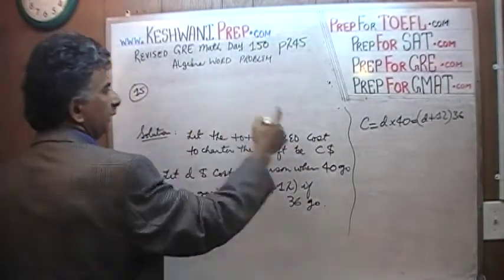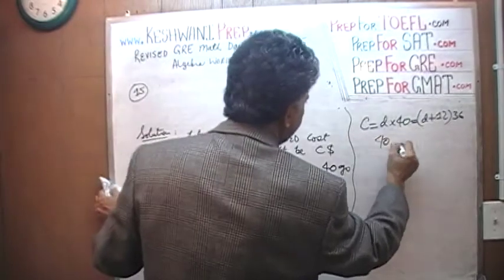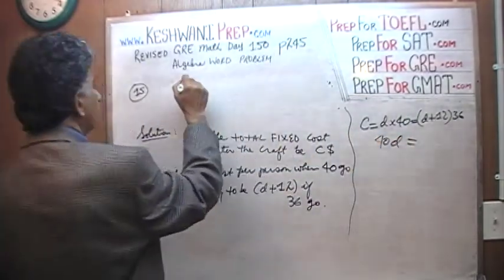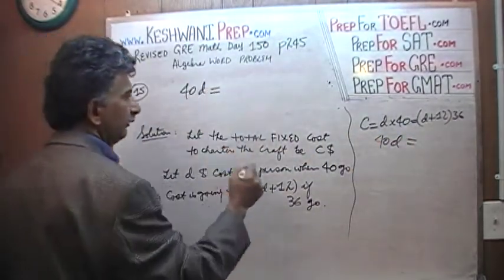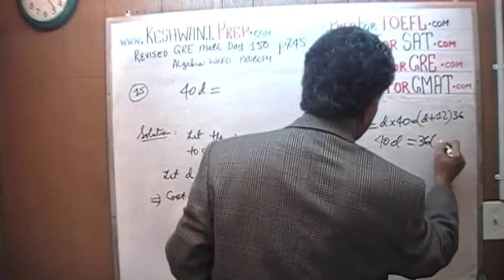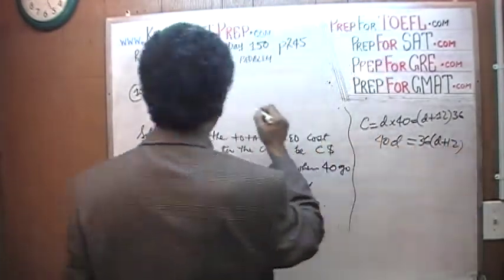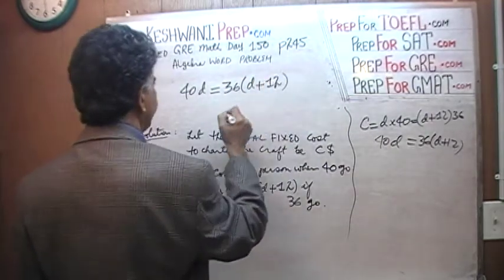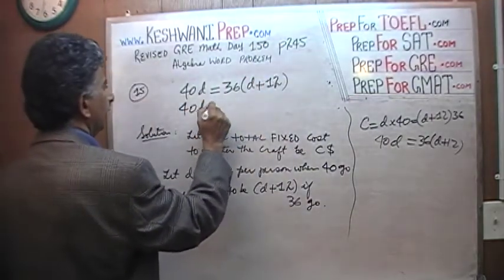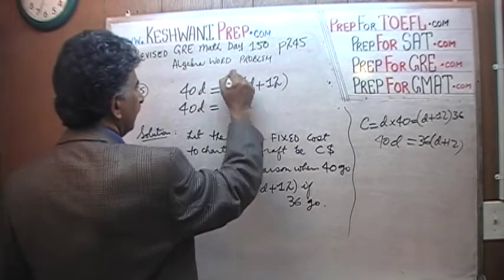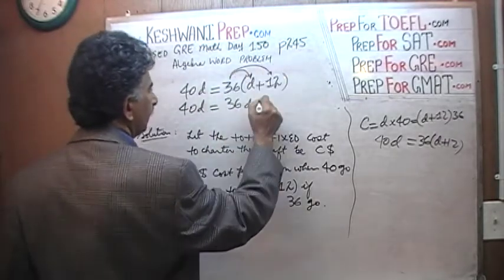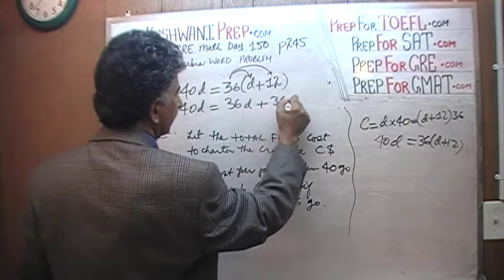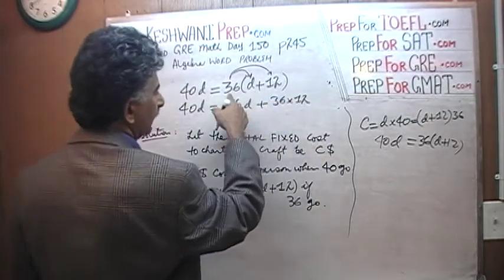So D times 40 is 40d equals 36 times d plus 12, which is 40d equals 36d plus 36 times 12.